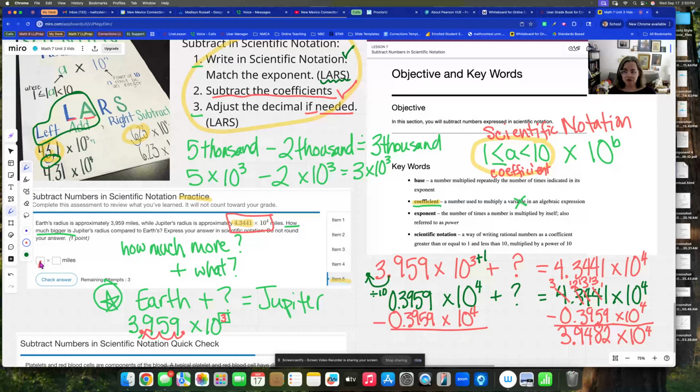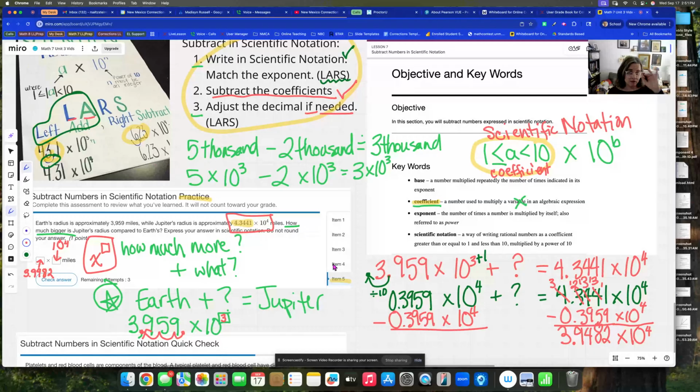Okay, so in this first box, you're going to have 3.9482. In this second box, you're going to have the power of 10. Okay, and when you type it in, you're going to use the button that looks like this, X with the box above it. That's the button that you need to click, and then you can enter the 10 to the power of 4, and the 4 will be a little exponent.